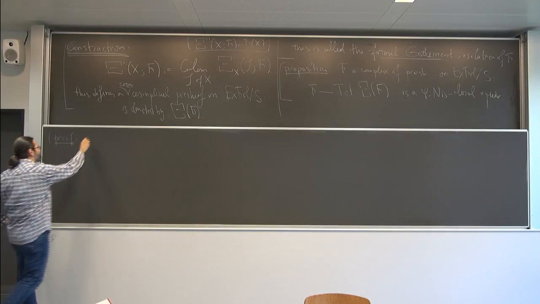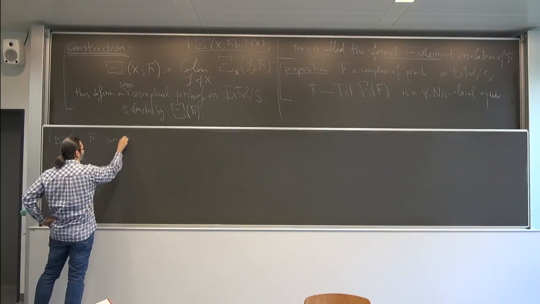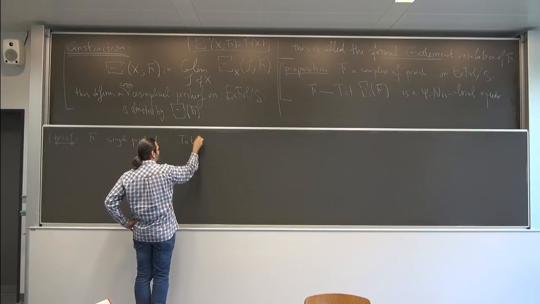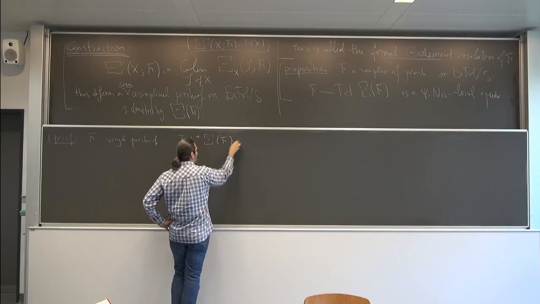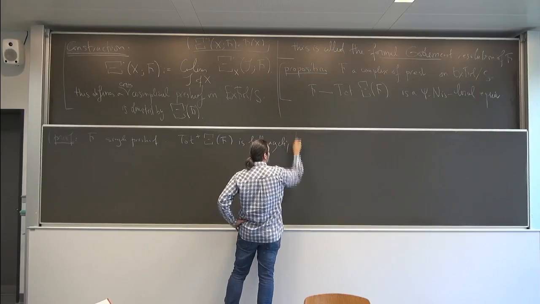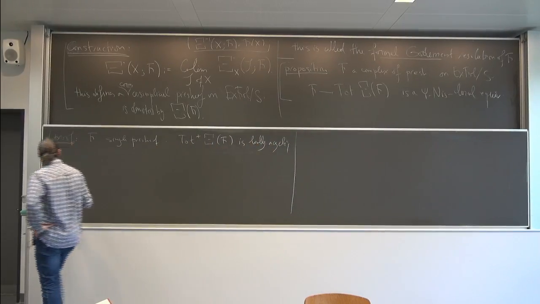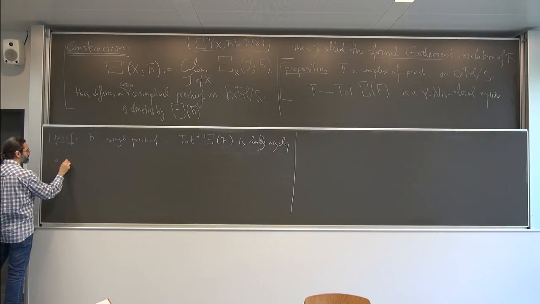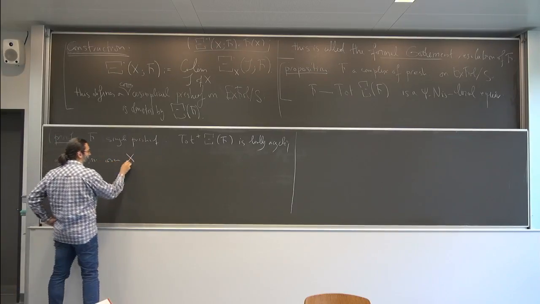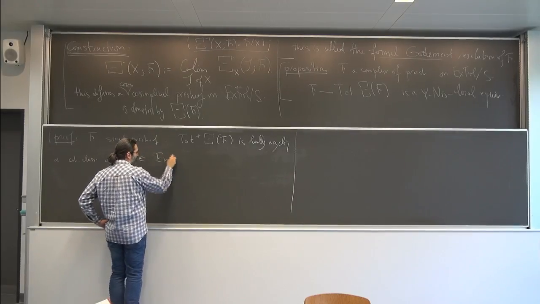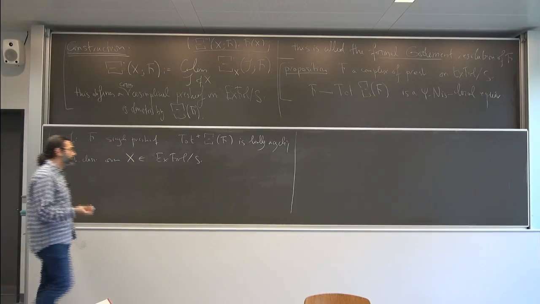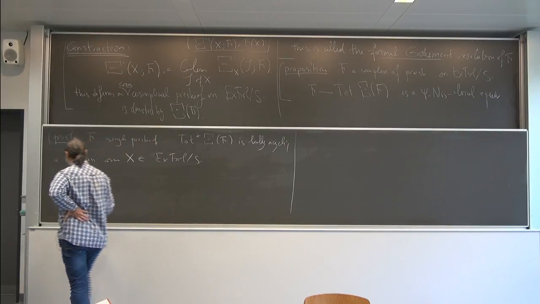So let's just assume that F is a single presheaf. And we want to show that this complex is locally acyclic for the Zariski-Nisnevich topology. So we take alpha to be a cohomology class over some x. And so we want to show that alpha is locally 0. So this is what we want to do.